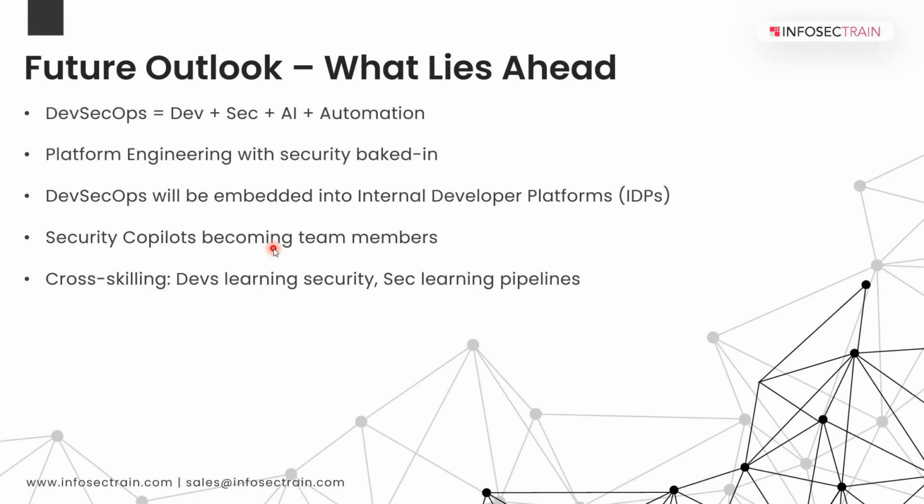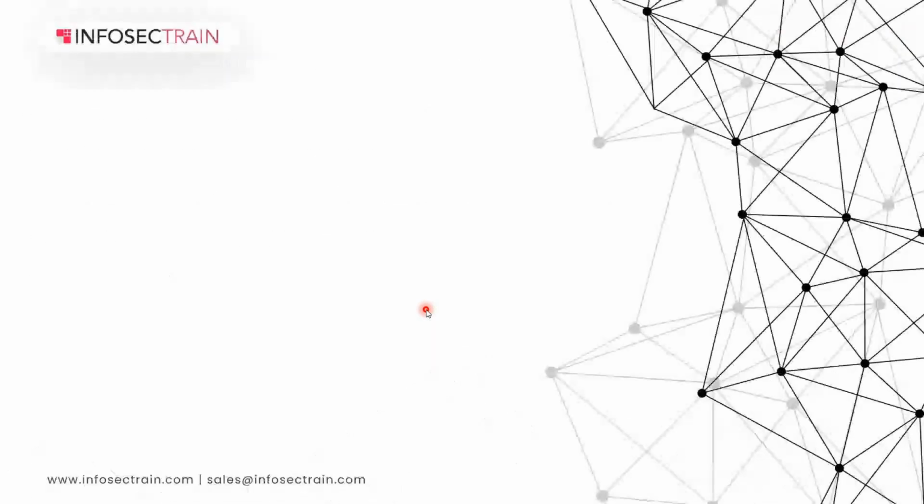There you have to implement some of the copilot strategy or security things as well. And then you have to perform cross-skilling as well, so the devs are learning security, and security is learning pipelines. So these are the things we have as a future outlook.